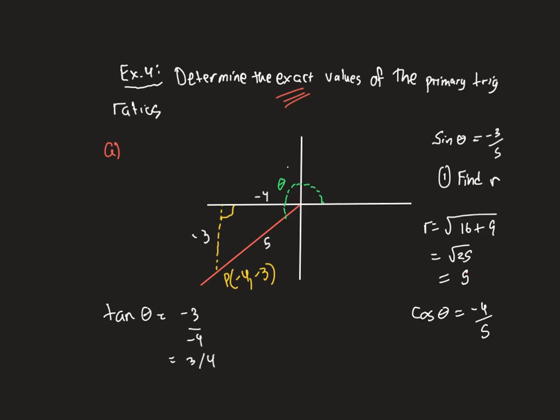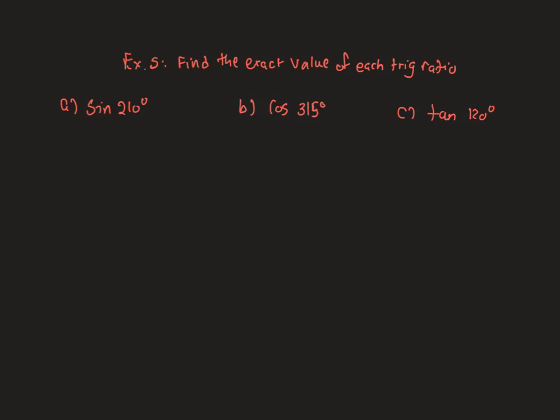Okay, so let's finish this off and look at 2 more quick examples. You'll see that this example is a different type, where instead of giving you the point, I'm giving you the actual numbers. Now, most people will try to use their calculator and just do sine inverse of 210 to get a decimal number, but remember, this question is asking you to find the exact value, so I want fractions.